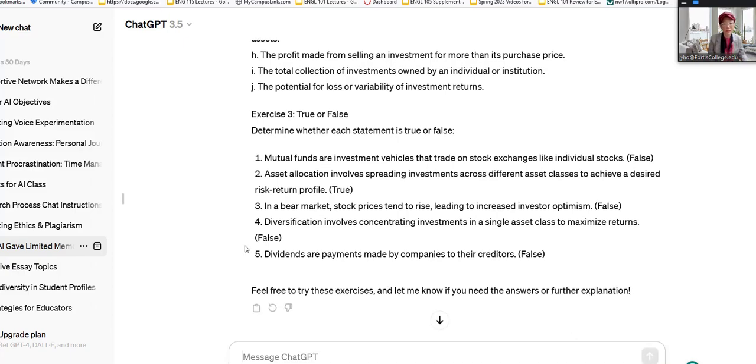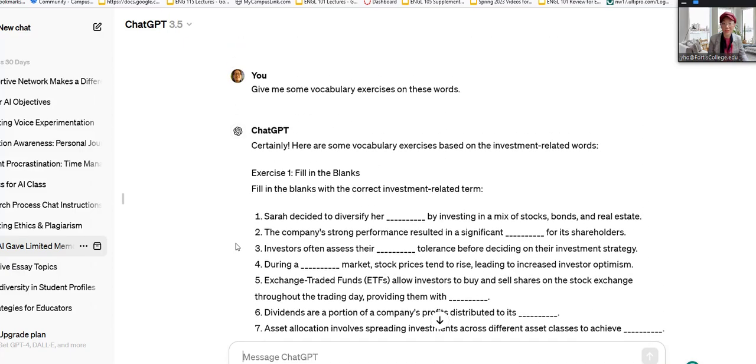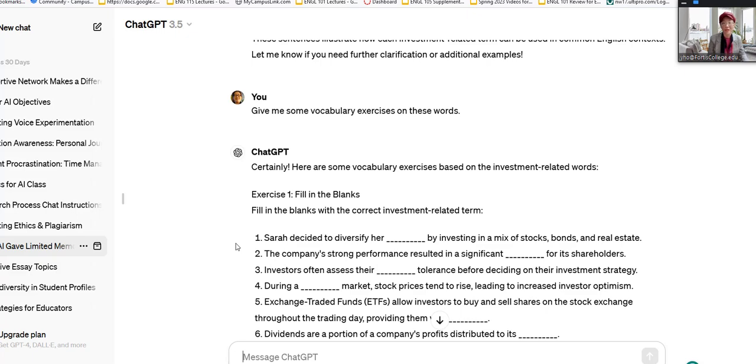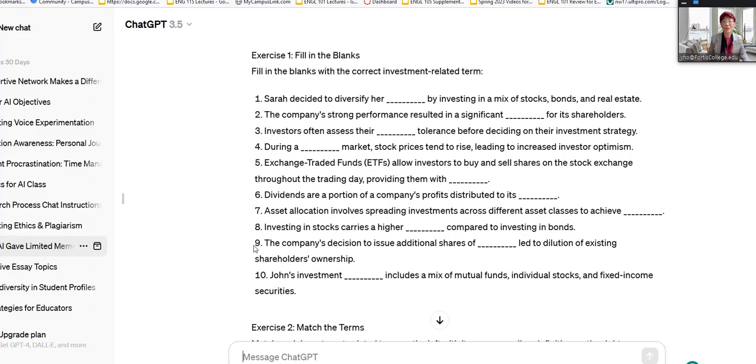All of these, and if you're an economics teacher, this really saves a lot of time. I remember when I was a teacher, I had to spend hours looking for just the right quiz for my class. And each period had its own proficiency level. So I had to look up a beginning economics book for my period 1 class, a more advanced book for my period 8 class. And now all I have to do is tell ChatGPT, okay, just give me some vocabulary exercises.